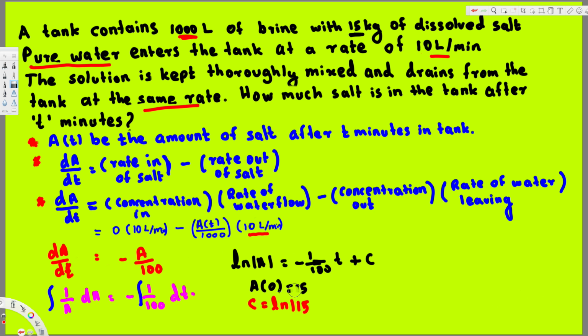So let's continue right here. We found out that C is equal to ln 15. Now we can plug it into this equation. So ln A = -1/100 t + ln 15.